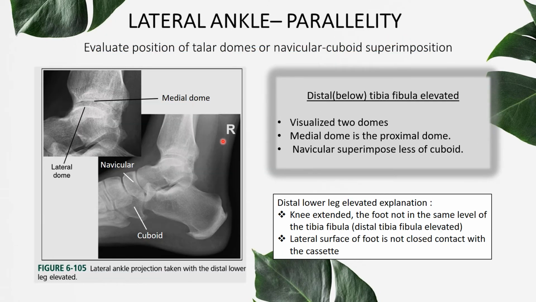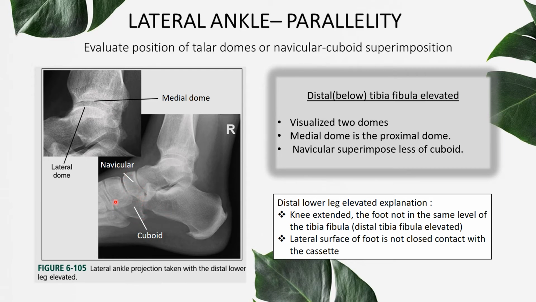This is the next parallelity, the lateral ankle projection taken with the distal lower leg elevated, which means the distal tibia and fibula are elevated. It visualizes two domes, lateral and medial. The medial dome is the proximal dome, and the navicular here superimposes less of the cuboid.